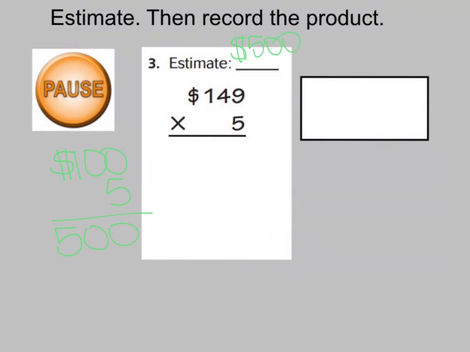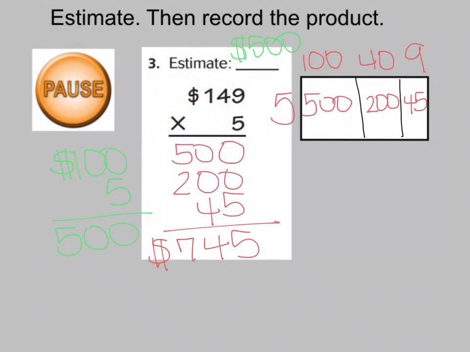Now, boys and girls, because 149 has 3 place values, my box model is going to be split into 3 different sections. All right, at this time, go ahead and pause and work out this problem on your own. Go ahead and push play when you're ready, and we'll go over the answer together. Good luck to you. I know you'll do great.